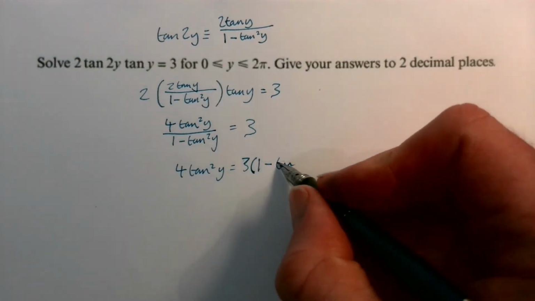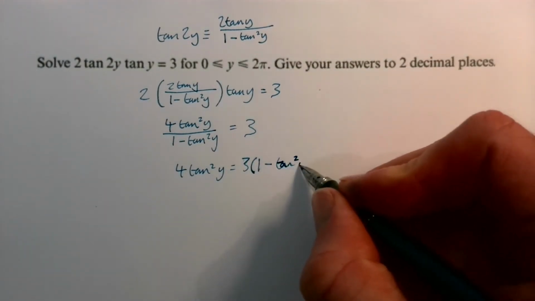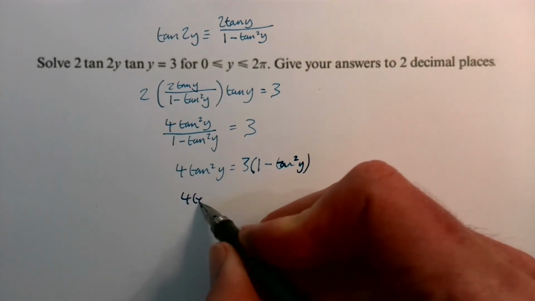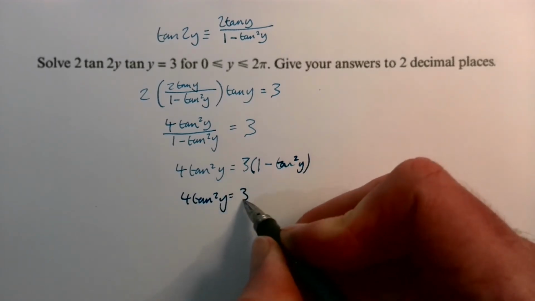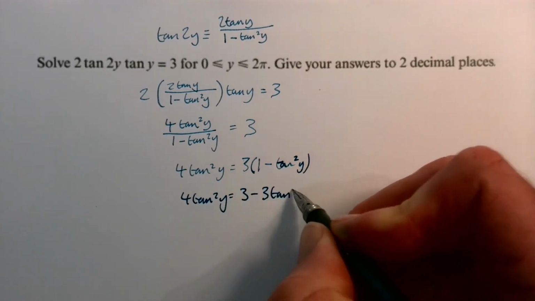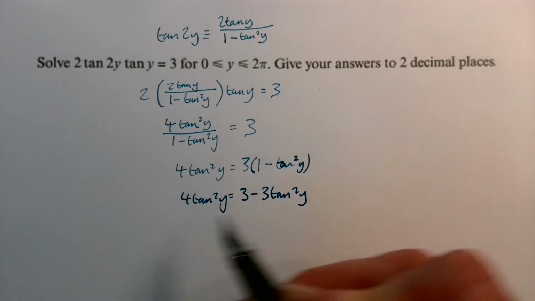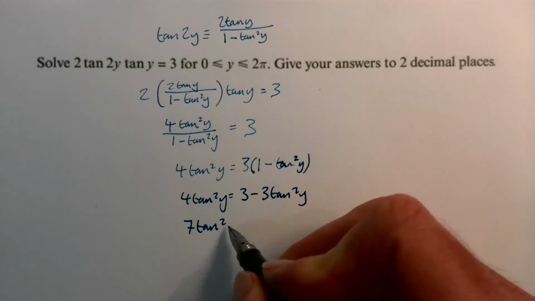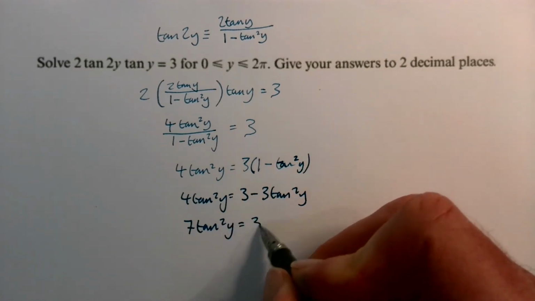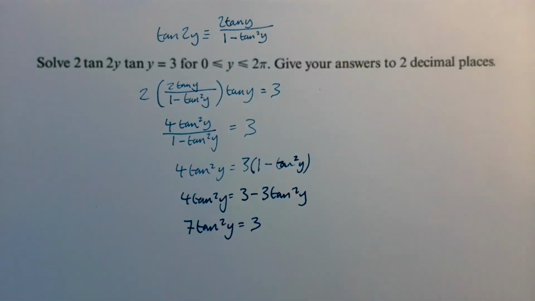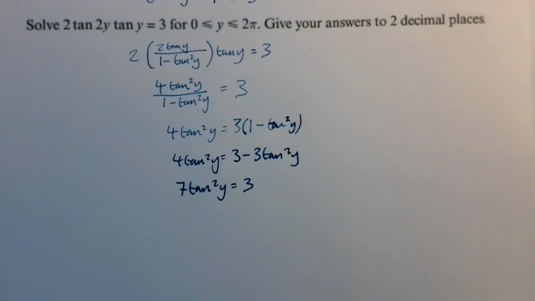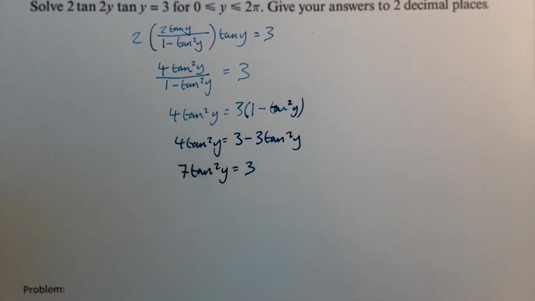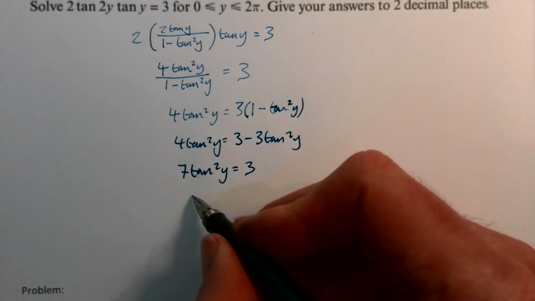Right, so now I'm back here. Expand the bracket, gives us 4 tan squared y equals 3 take 3 tan squared y. Add 3 tan squared y to this side, gives us 7 tan squared y equals 3. Now it's not your normal sort of quadratic that you're going to be able to solve by factorising, because we've only got these numbers here, and I can divide by 7, it's just going to equal a fraction, so we can just root that.